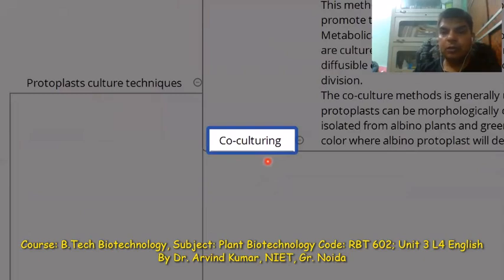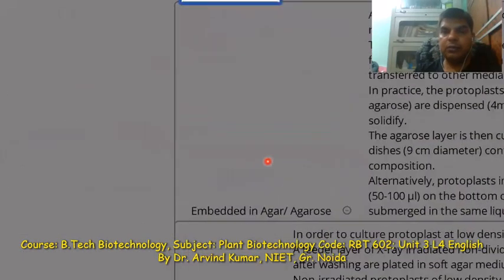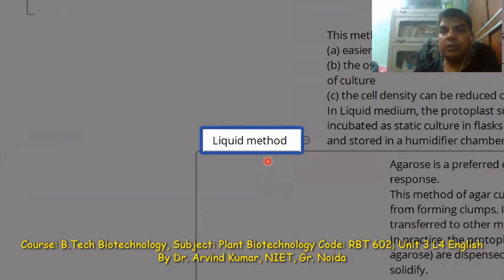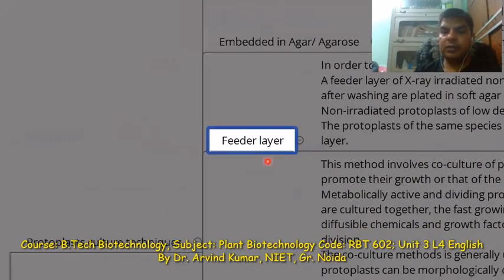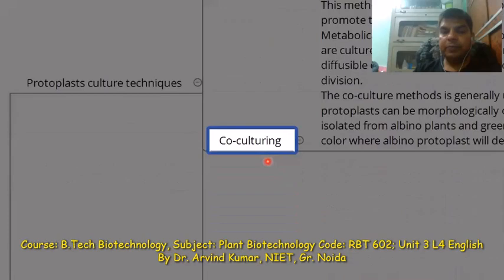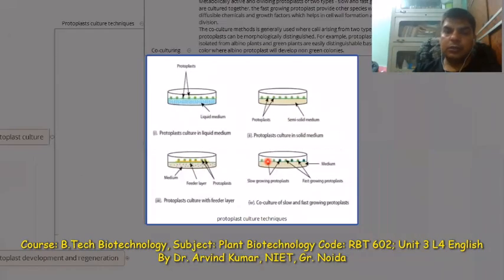So so far we have seen the four methods of culturing the protoplast. Liquid method is there, embedded in agar or semi-solid method is there, feeder layer is there, where if the initial plating density is low, then we can use this method, and co-culturing is there. So here it is shown in pictures how these four methods work. Protoplast culture in liquid medium.